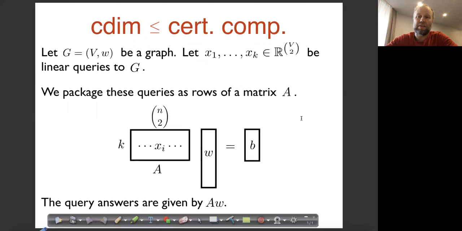I like to think about this in the following picture. I package these queries as the rows of a matrix, which I call A. And now what are the answers to the queries? When my input is G, with weight vector w, it's just the result of this matrix-vector multiplication. Those are the answers to my k queries.